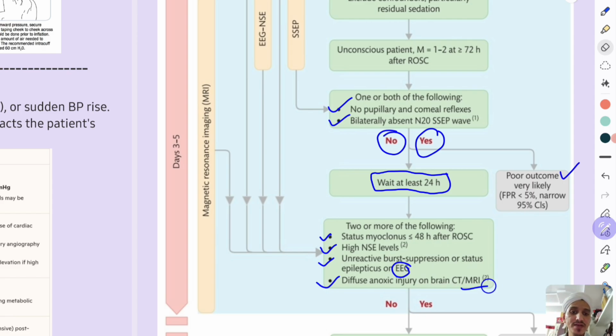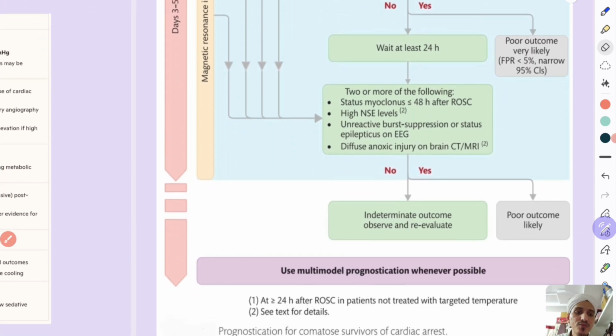So if 2 or more of these are present, seizures less than 48 hours, high neuron specific enolase, or EEG has status epilepticus form or unreactive burst suppression waves, or diffuse anoxic injury in CT and MRI, 2 or more of these are present, then that represents a poor outcome.